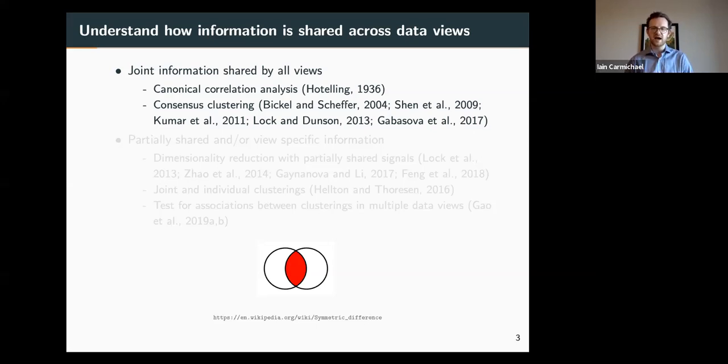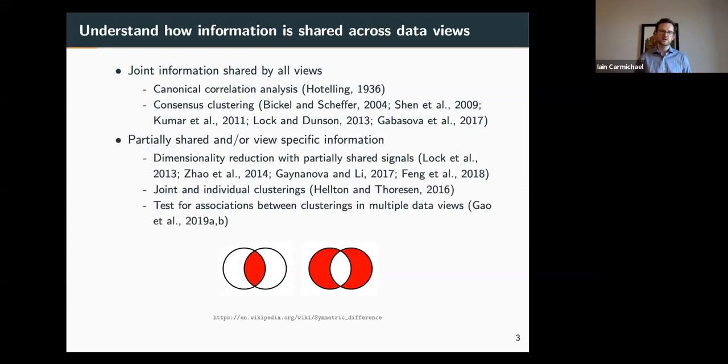I'm going to estimate that latent, joint information somehow. More recently, there's been work on clustering, and what I'm broadly calling consensus clustering, which means I have two or some number of views, and I think there is one set of joint clusters, and those clusters show up in every view. So I'm grouping these methods together in that they focus on joint information, what's shared by all of the data views.